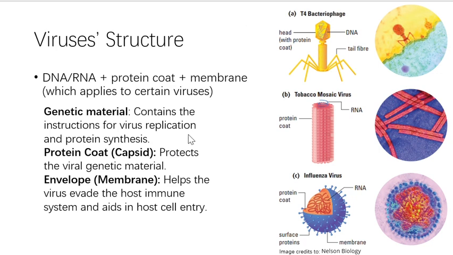All viruses contain a protein coat, or in a more biological term, a capsid, which protects the viral genetic material. It wraps around the genetic material of the virus so that it won't get killed easily. Certain viruses also have a membrane, which helps the virus evade the host immune system and aids in host cell entry. Now let's move on to virus reproduction.